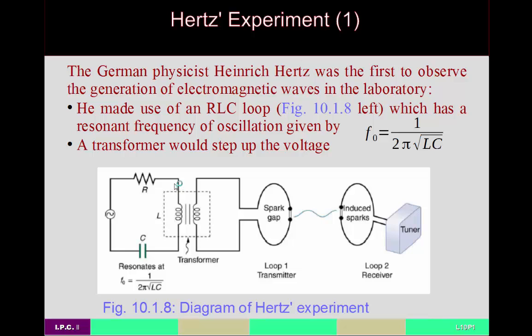We discussed that previously when talking about LC circuits and RLC circuits. The resonance frequency f is 1 over 2 pi square root LC, or in terms of the angular frequency, omega naught is 1 over square root LC.